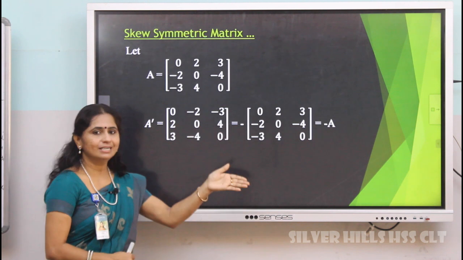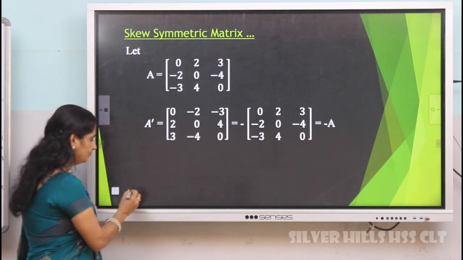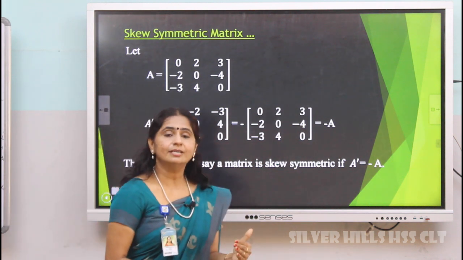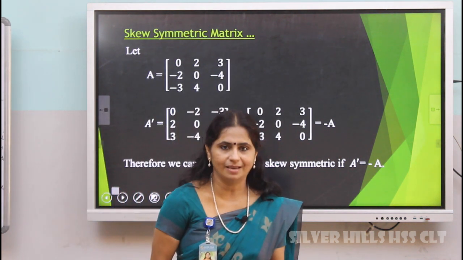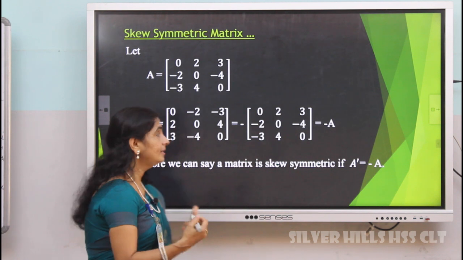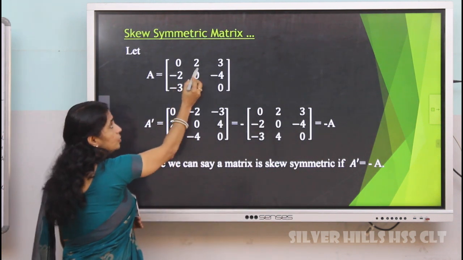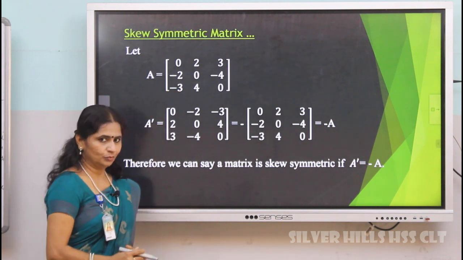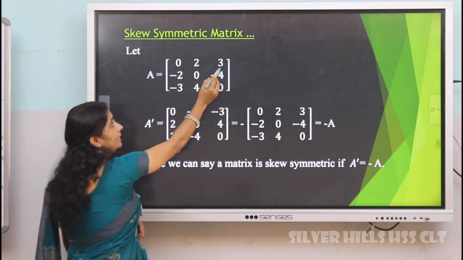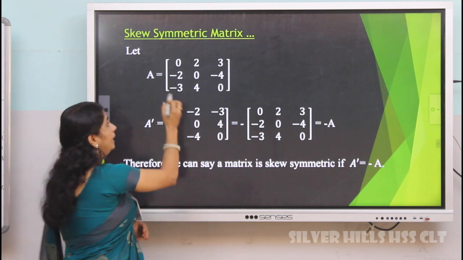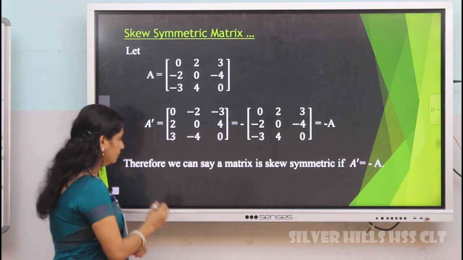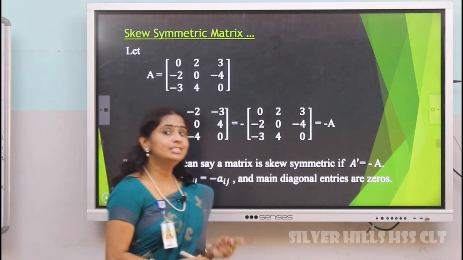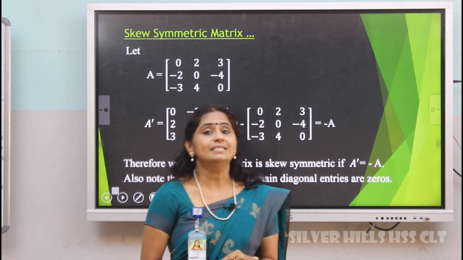Now you are getting back A. Therefore, we can define the skew symmetric matrix as A transpose is equal to minus A. Moreover, you can see that A12 is 2 here, but A21 is minus 2. A13 is 3 here, A31 is minus 3. In short, I can say that Aij is equal to minus Aji.